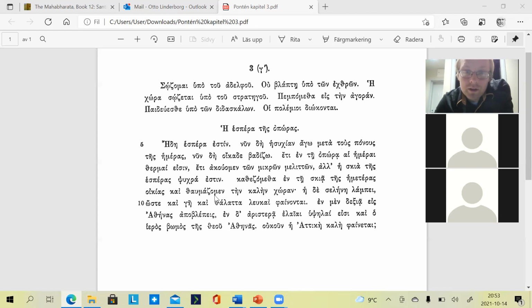Kai taumatsamen ten kaalen horan. What could that mean? We adore the good land, country. Yes. So kai is and, we adore the good land or the beautiful land, or we marvel at, or we admire, whatever you like.